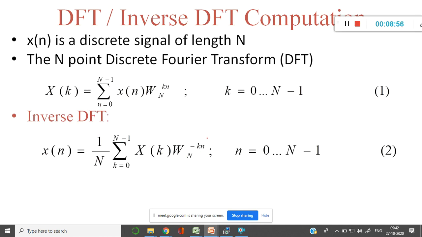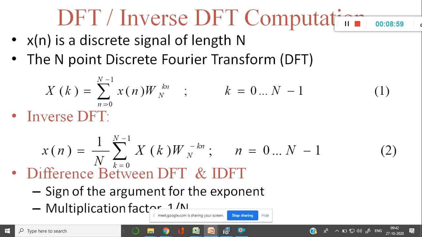What difference do you see in these two equations? The difference between DFT and IDFT in terms of equation I am speaking. One is the Twiddle factor: W_N to the power of kn is multiplied with a negative sign, that is minus kn.